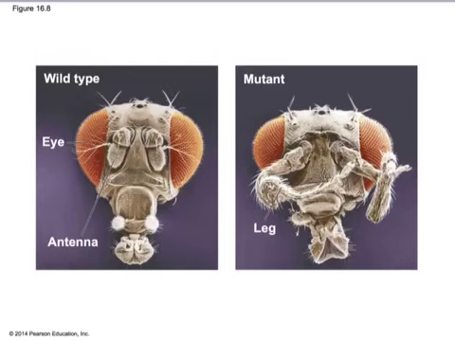The boundary between where the head is supposed to be and where the thorax is supposed to be is changed, so that now part of where the legs are supposed to be are on the head. You've changed where things are meant to go.